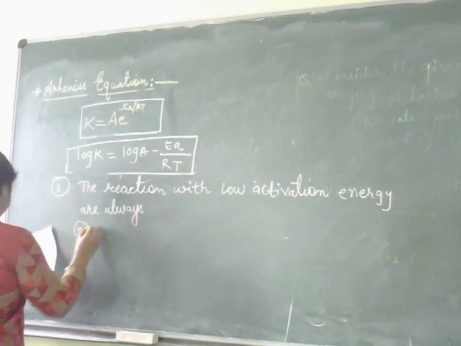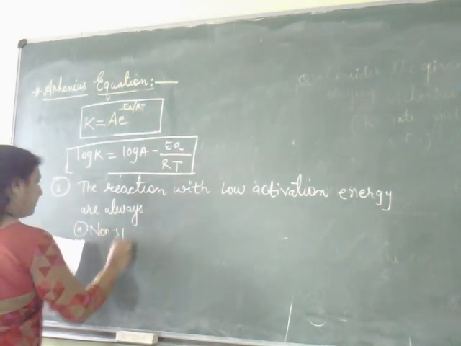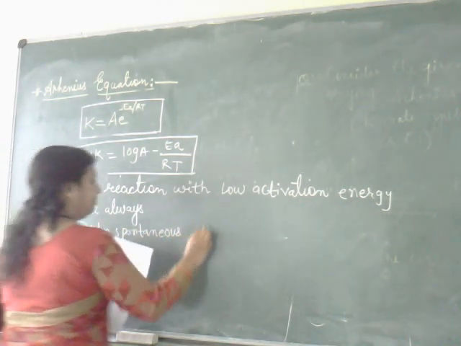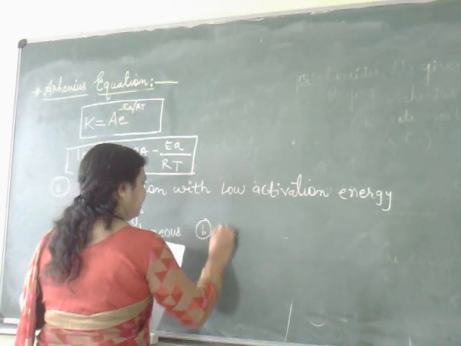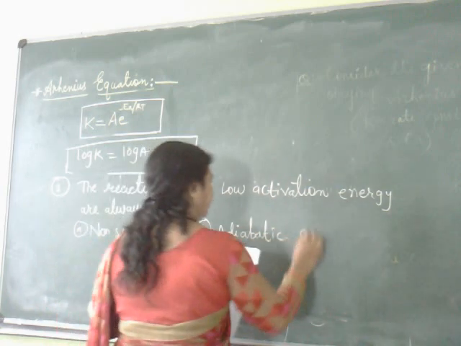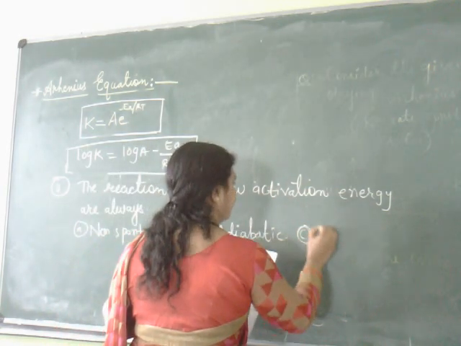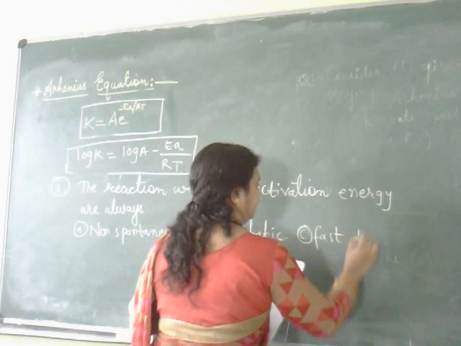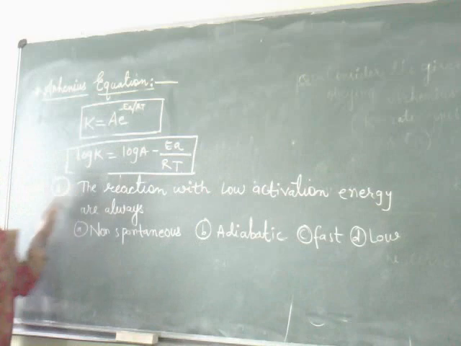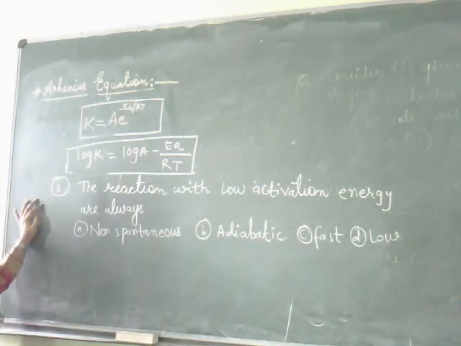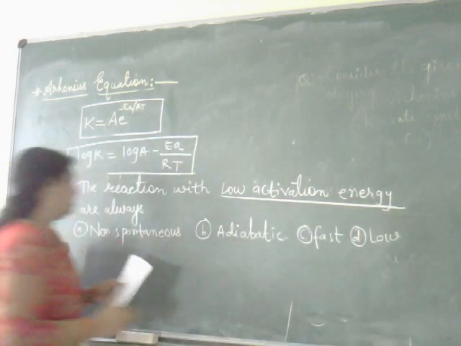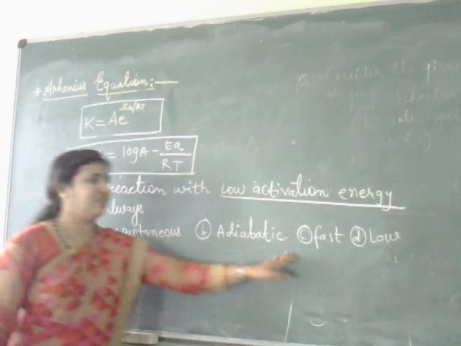The options given here: A, non-spontaneous; B, adiabatic; C, fast; and D, slow. What is the question? The reaction with low activation energy is always non-spontaneous, adiabatic, fast or slow.